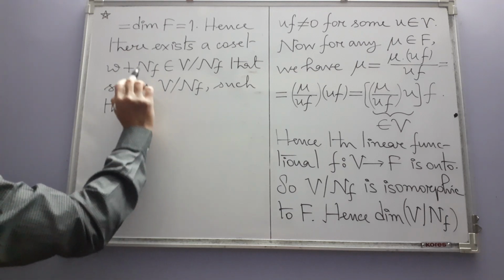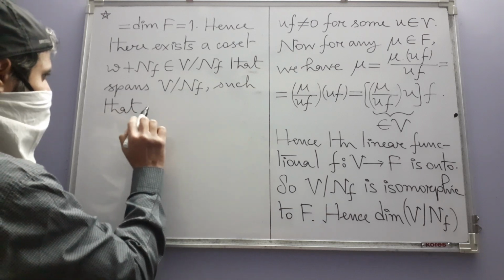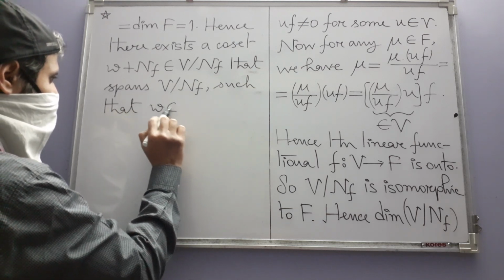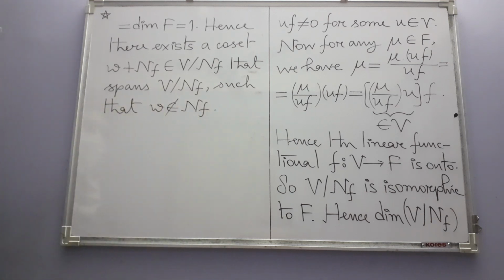That means this is not equal to the zero element, which is nf, or in other words, w is not in nf. Okay, so this is the situation now. Now where can we go from here?